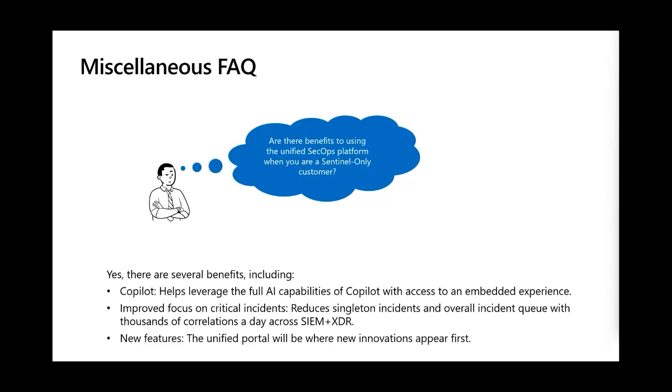The answer is absolutely yes. Not only will you be able to take advantage of the power of the correlation engine, but you will also have a better experience with Copilot. And on top of that, some features like case management only appear in the Unified SecOps platform. So please feel free to test it out and experience the Unified portal for yourself.